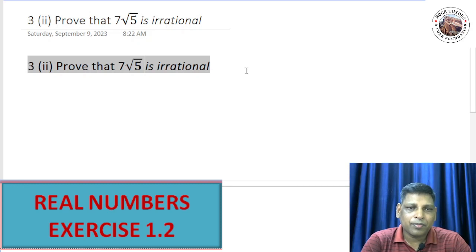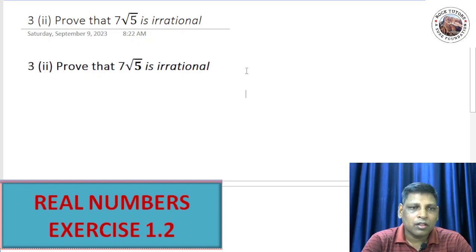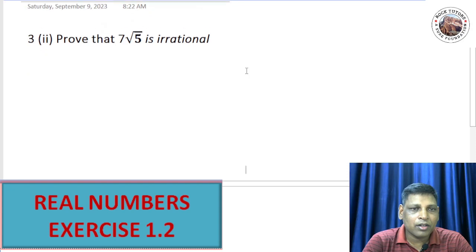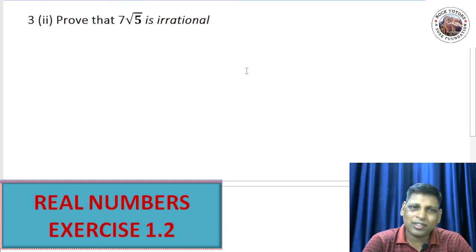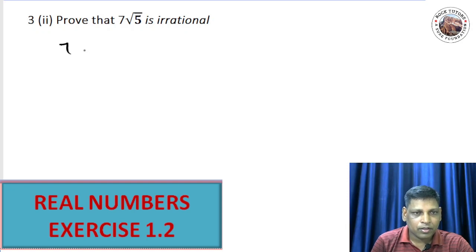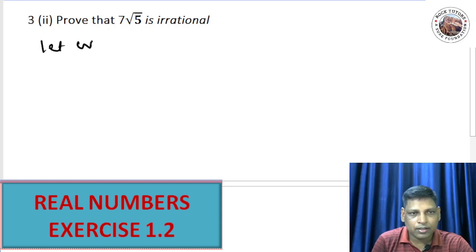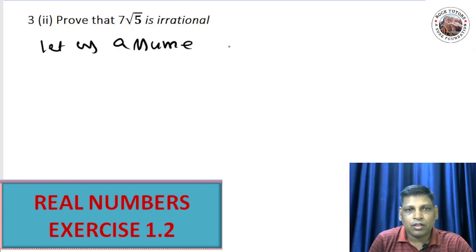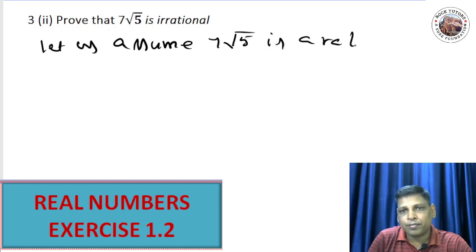Prove that 7 root 5 is irrational. It is similar. Let us assume 7 root 5 is a rational number.